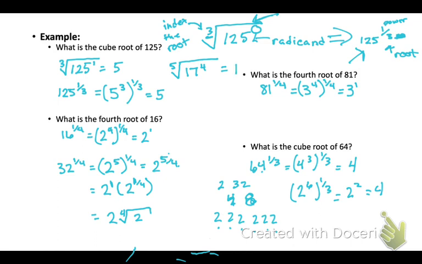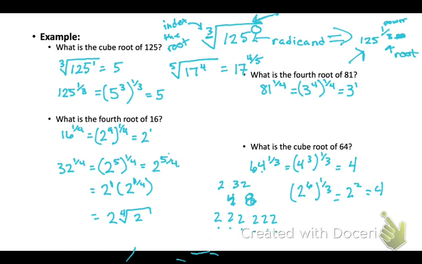So 17. On top goes the power, that's the power of 17, 4. And what's the root? 5. So 17 is a prime number, yes? So can that reduce? No, because 5 doesn't go into 4, does it? Reducing radicals is amazingly easy this way if you can use fractional exponents.